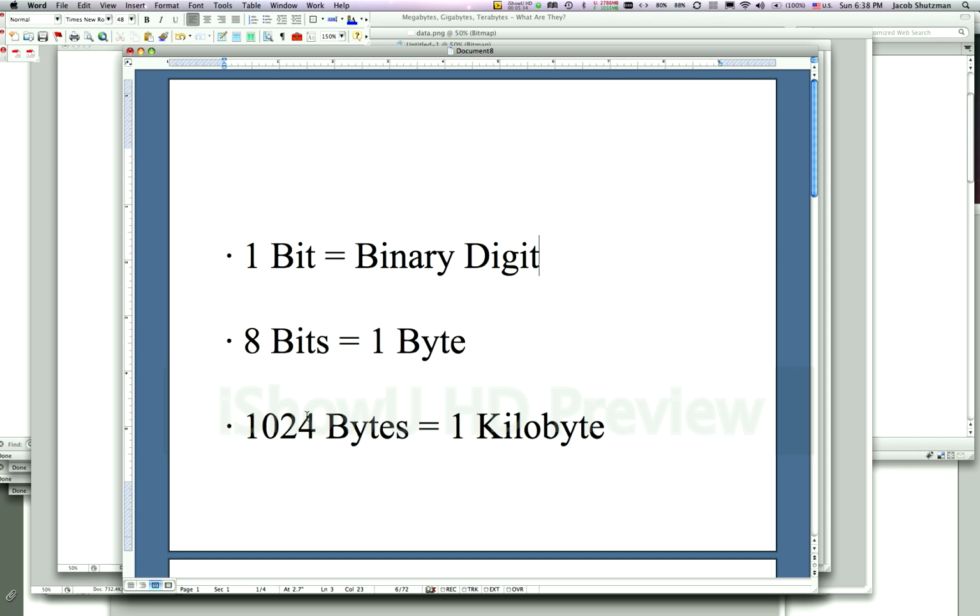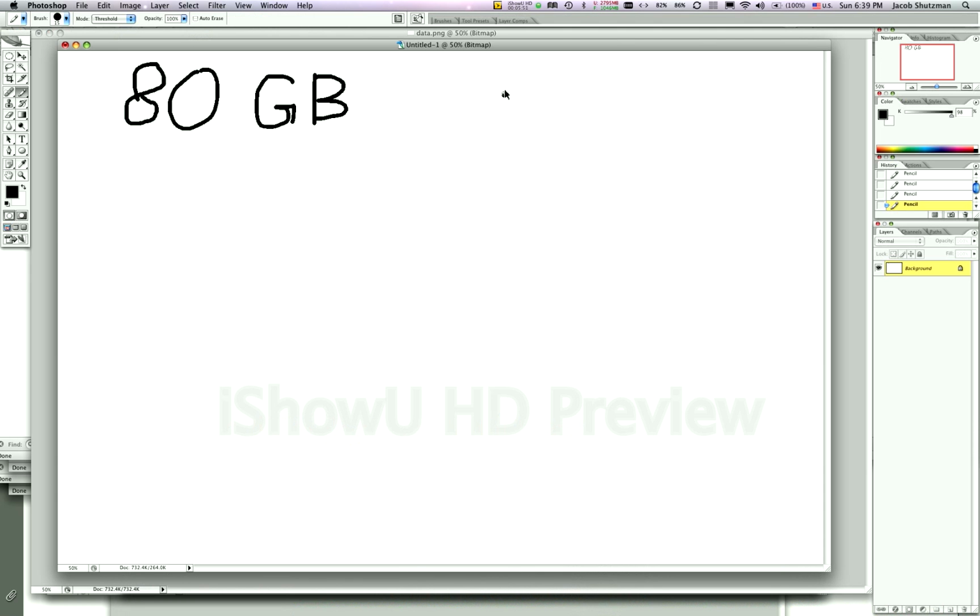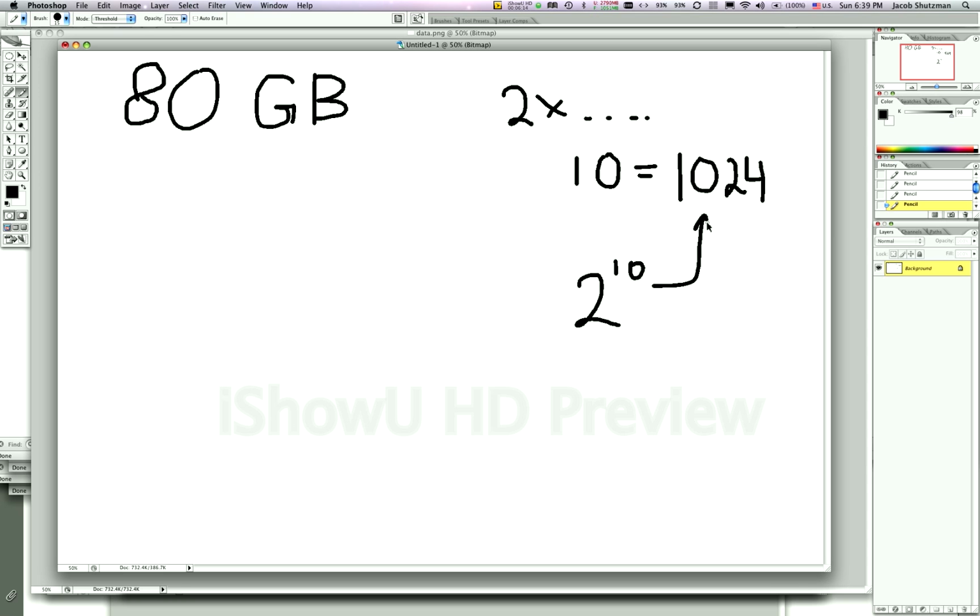So far we know. Now the unit of 1024 bytes is called 1 kilobyte. Why is it 1024? 1024 is a multiplication of 2. So if you multiply 2 by 2 by 2 by 2, 10 times, you will get the number 1024. So in other words, 2 to the power of 10 will give us 1024.